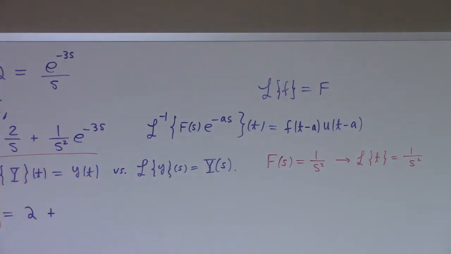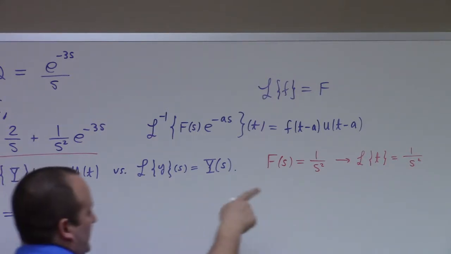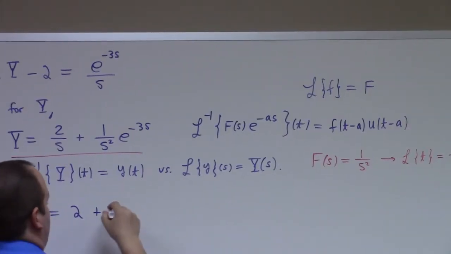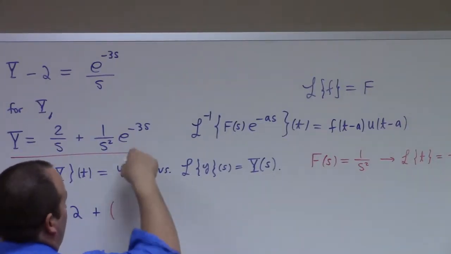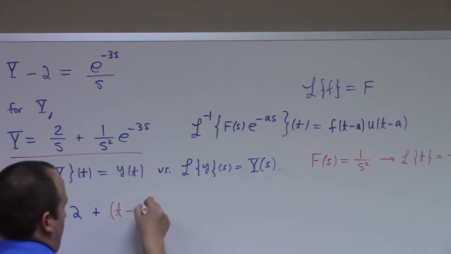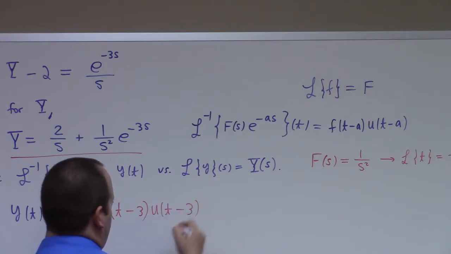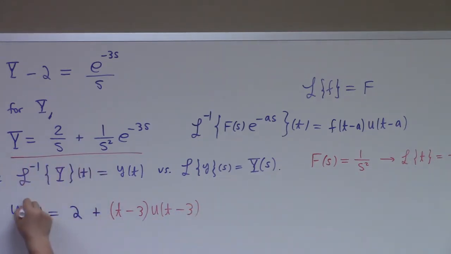I don't know how you'd see that right now. I'm telling you. Unless you have some sort of bizarre intuition about knowing what Laplace transforms are, that would be really weird. But anyway, so basically my f of t is t, so I have to put in here t minus 3, and then times u of t minus 3. And there you go. That's the solution for all time.